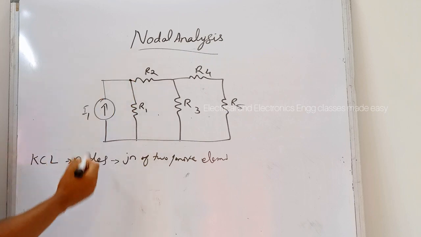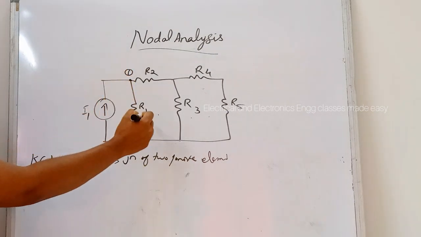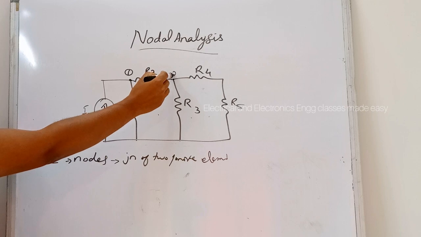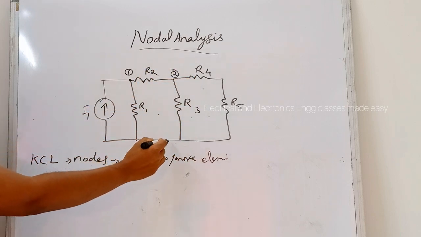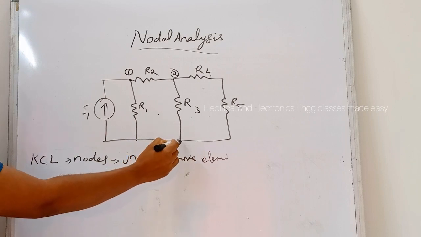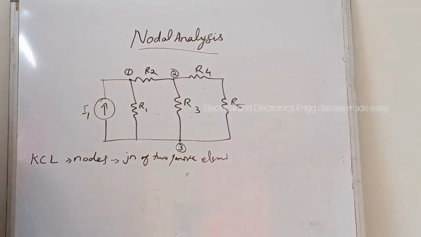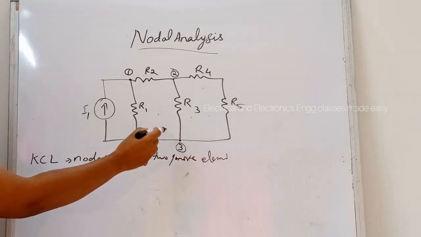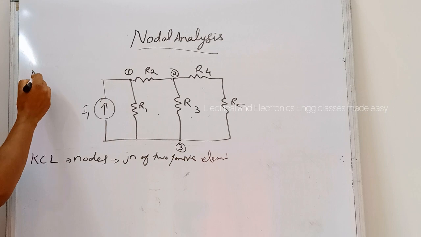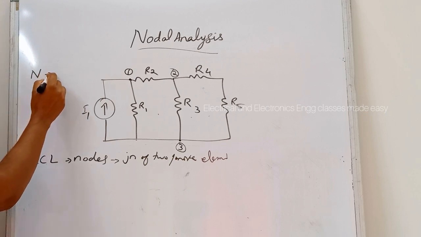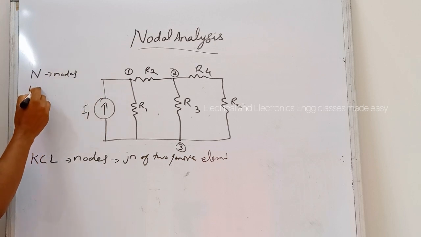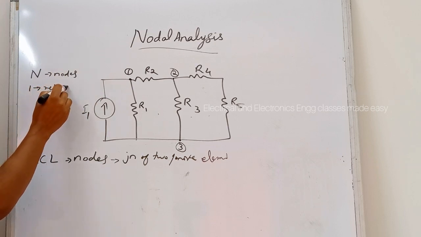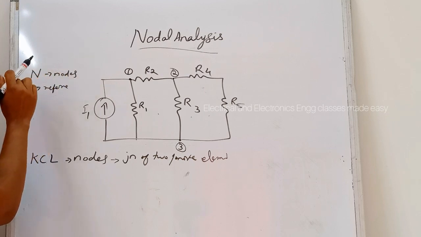Here we can assume this as one node, here another node, and here we can assume this as a third node. Suppose there are n nodes in a circuit, then one node will be considered as the reference node.